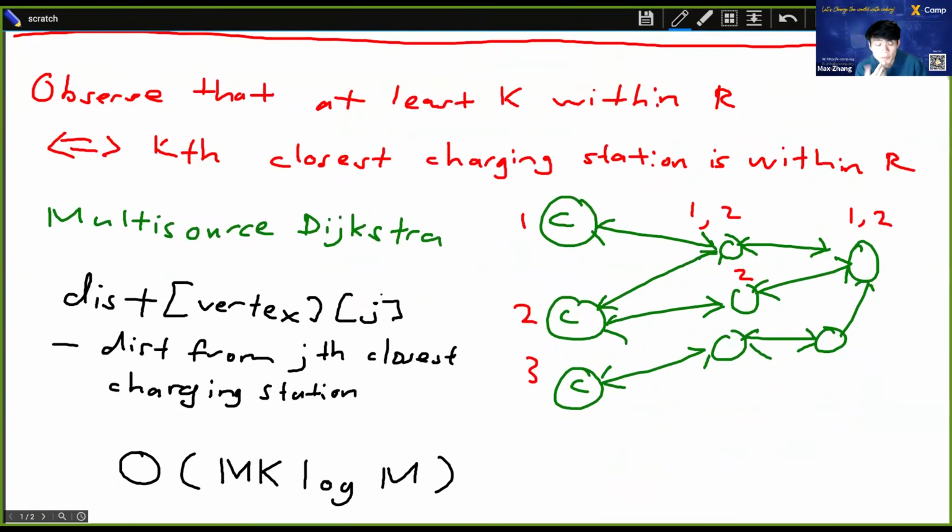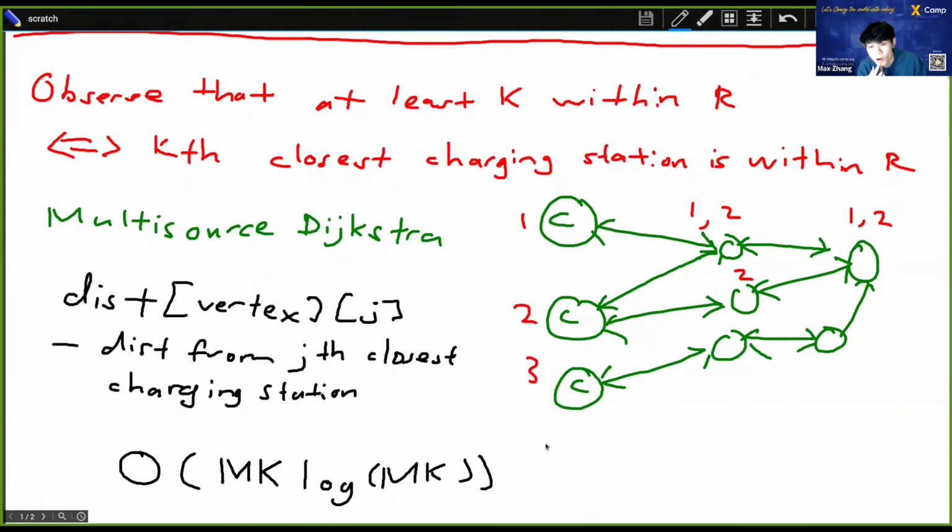For each vertex you iterate over all the adjacents, which is a total of n plus m work. We'll say the m dominates, and then we do that for each j from 1 through k, so it's m times k times another log factor. Actually, the priority queue could be up to a log of m times k, so I'll specify that.